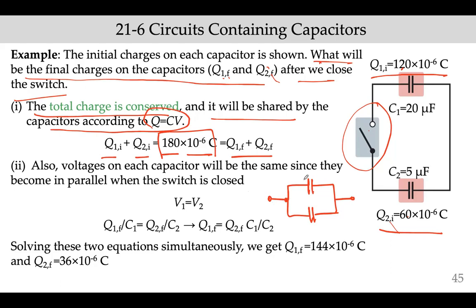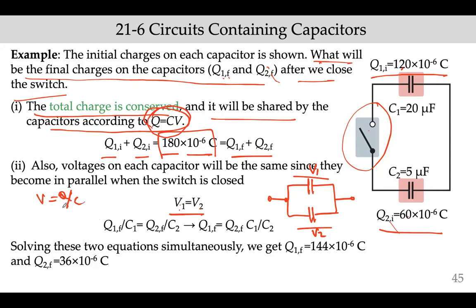So let's say V1, V2, and those V1 and V2 should be the same. So V1 equals V2. V1 is the voltage on the first capacitor, and V2 is the voltage on the second one. But we can use this formula, V equals Q divided by C.